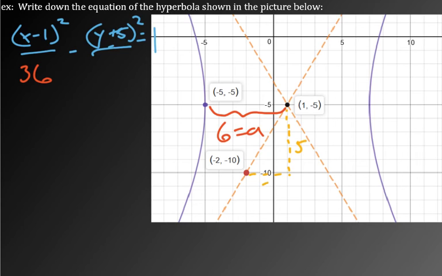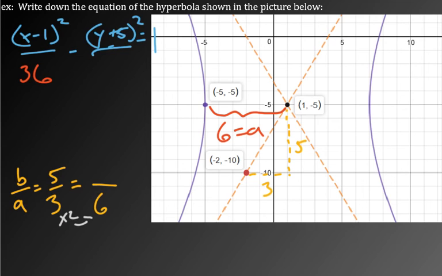So this is 5, this is 3. So the b over a slope thing here is 5 over 3, but a was 6, right? And so you have to think, what would I put in for b that is still proportional to 5 over 3?